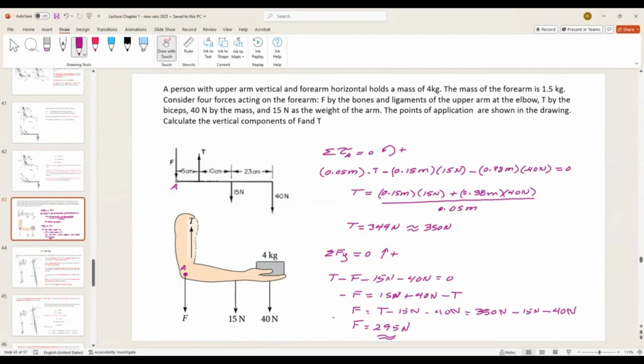So this is the magnitude of the force on the bones. So here we found the force acting on the bicep, and we found the force acting on the bones of the person.